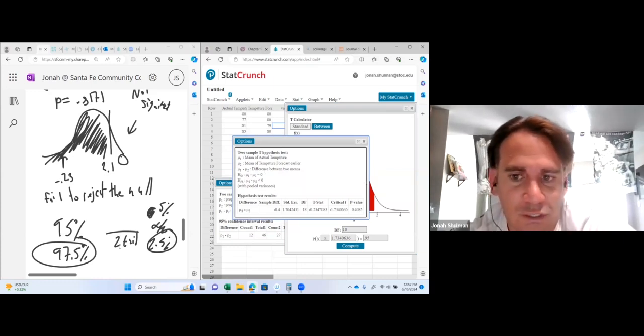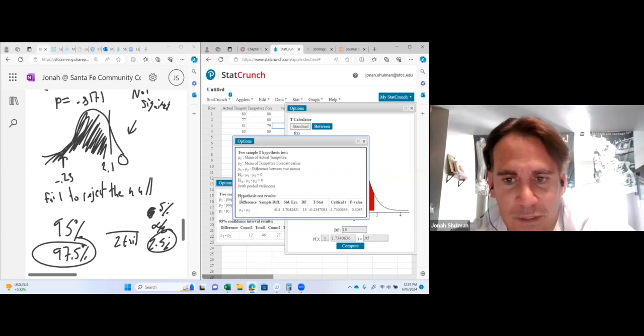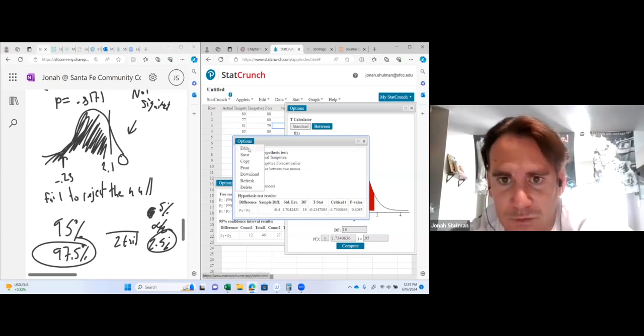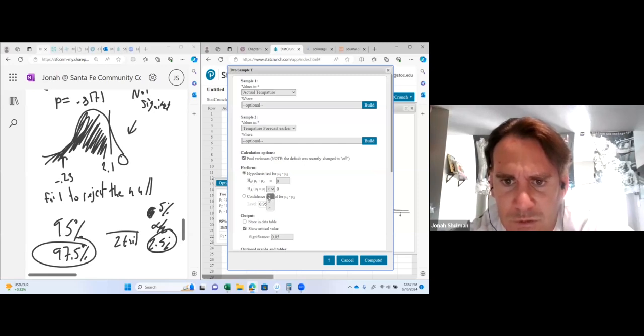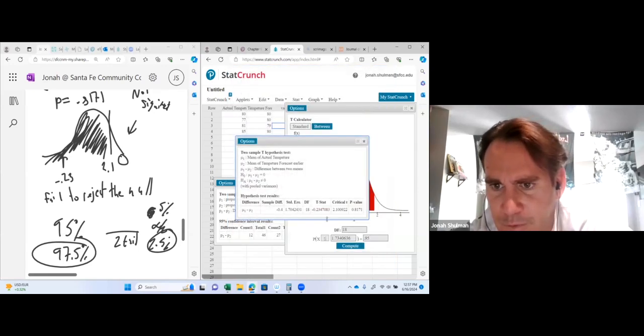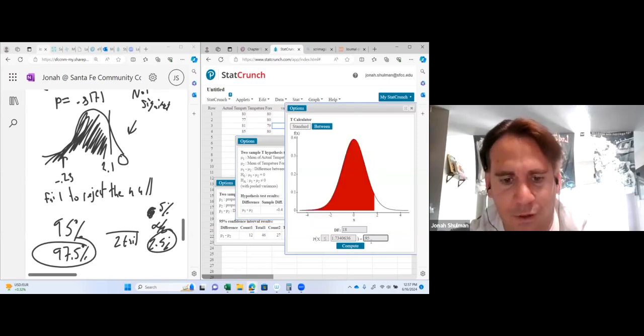So because it's two-tailed, we have to double that space. If it was a one-tailed test, our critical value would be 1.734. But because we have two-tailed, it's still not significant, just so you know, it was one-tailed. But because we're two-tailed, it makes it the 2.1, which is 0.975.